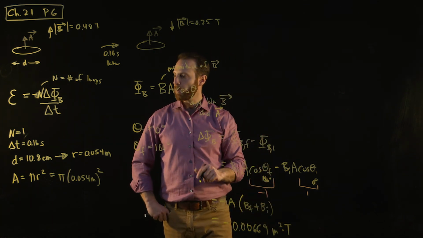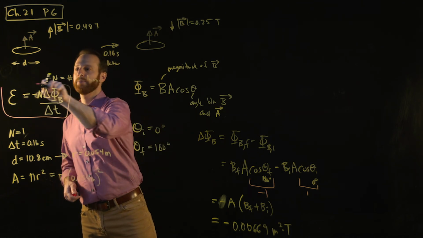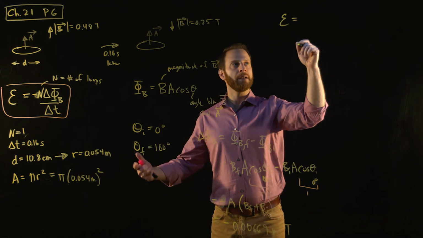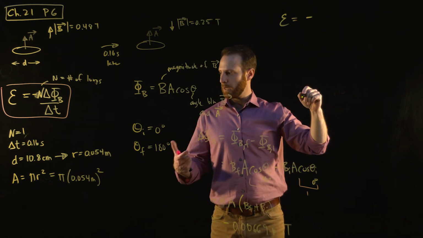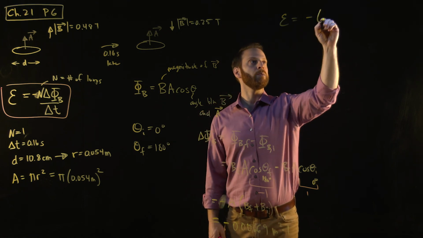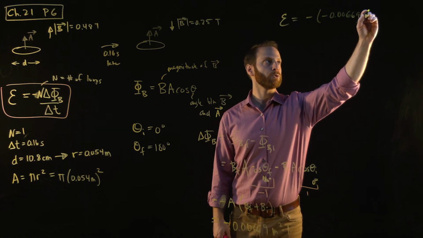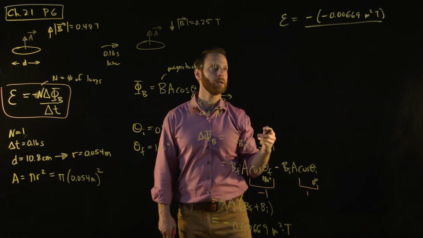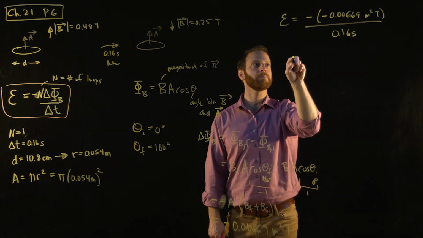And finally, we're ready to actually compute our EMF. So the EMF, which involves N equal to 1, we have a minus, and then the change in phi B, which is minus 0.00669 meters squared times Tesla, divided by the time over which the magnetic field changes its direction, 0.16 seconds.